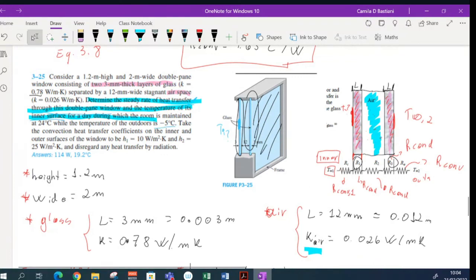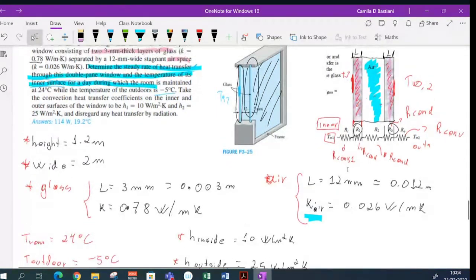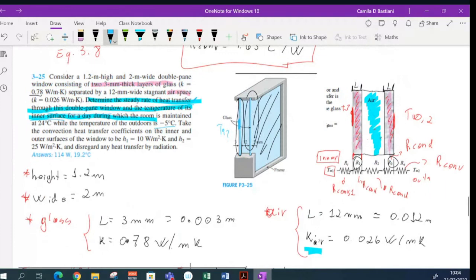So what we did so far, we built our thermal resistance system, where we realized that we have convection heat transfer between the air outside and the outer surface of the glass, and between the inner surface and the air inside. We have conduction in the wall of the glass on both sides.